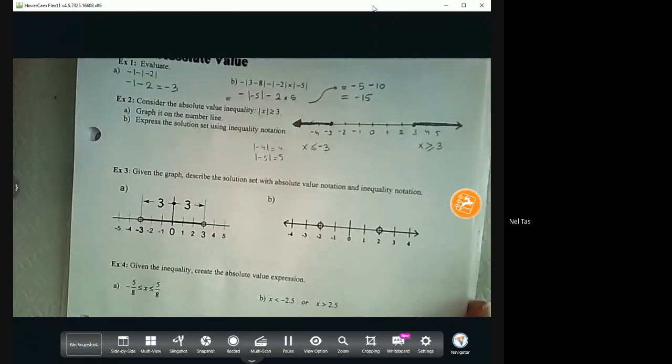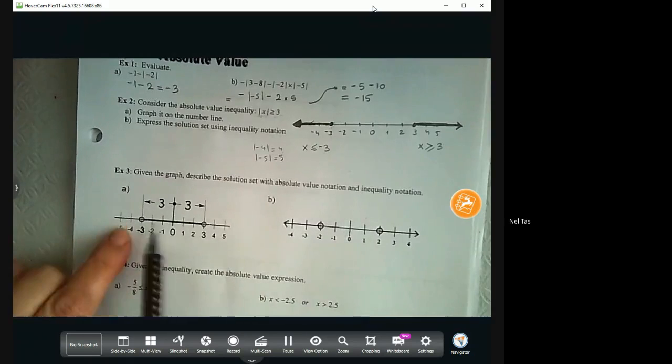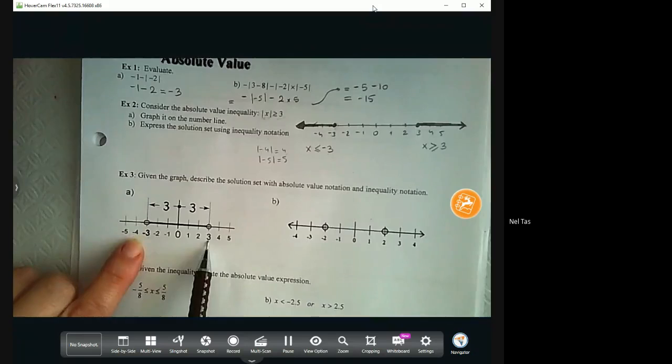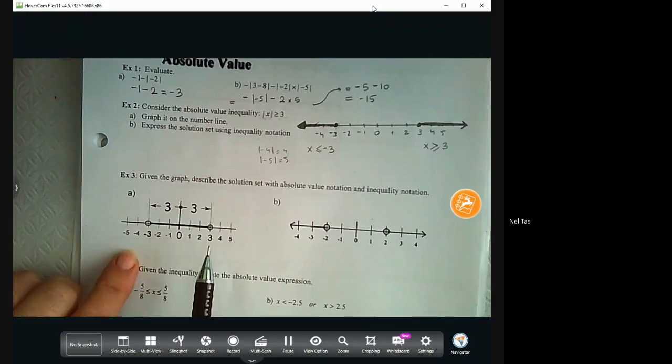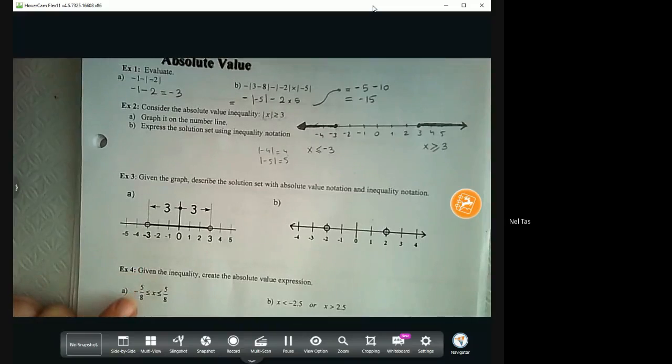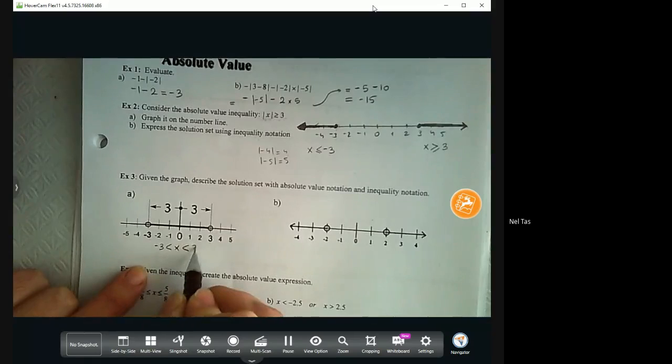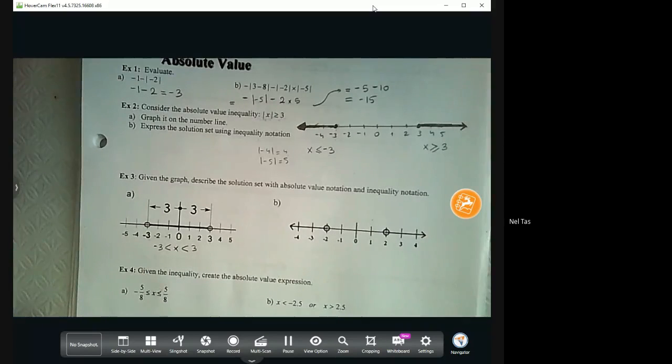Okay, so let's look at this one. Example 3. Given the graph, describe the solution set with absolute value notation and inequality notation. As we see here, x is between -3 and 3. Let's write it with inequality notation, without absolute value. Then we would say x is between -3 and 3, so x greater than -3 and less than 3.